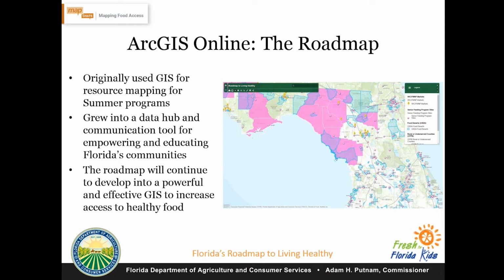What we did was we took food deserts by census tract, and we overlaid death rates related to diet by the same census tract.